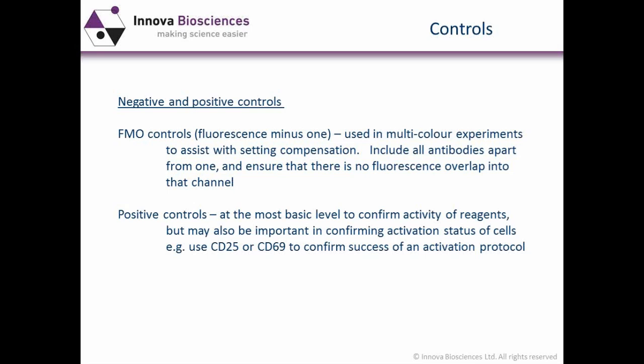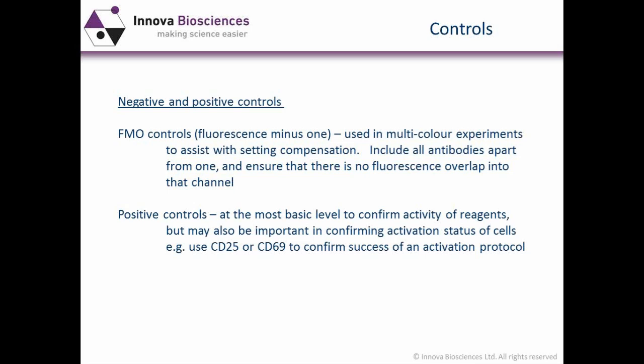Remember, staining panels now are regularly perhaps 6, 8 or 10 antibodies, and the opportunity for non-specific binding in your samples is much increased. The FMO control is literally every antibody in your panel apart from the color that you're currently controlling. So you may remove the FITC antibody from a panel of 5 or 6 other antibodies to set the control for the FITC channel.